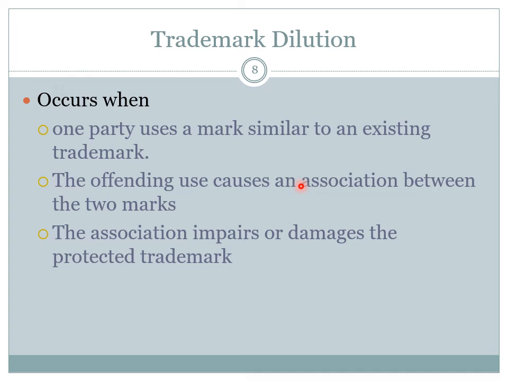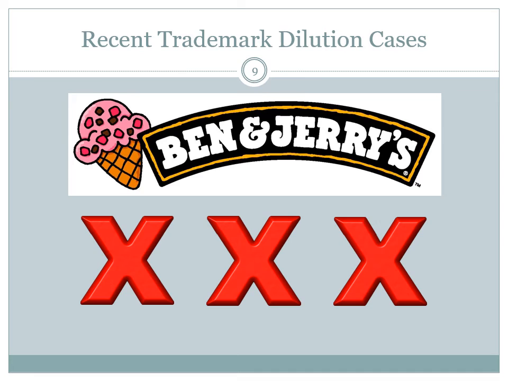There doesn't have to be any confusion here. So with trademark infringement, think confusion, right? With trademark dilution, the test is an impairment or damage to the protected trademark. So that's what we're looking for here. A few examples I've pulled.